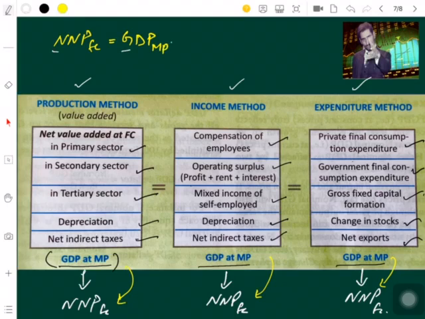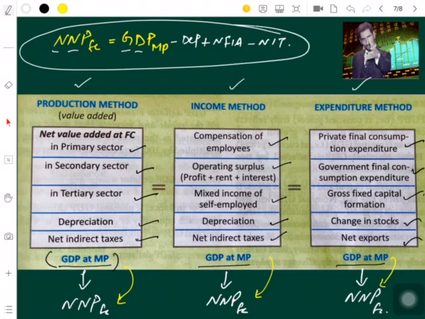So gross minus depreciation will be equal to net. Domestic plus NFIA will be equal to national. Product is same, market price minus NIT will be equal to your factor cost. So you reached the NNP at FC.